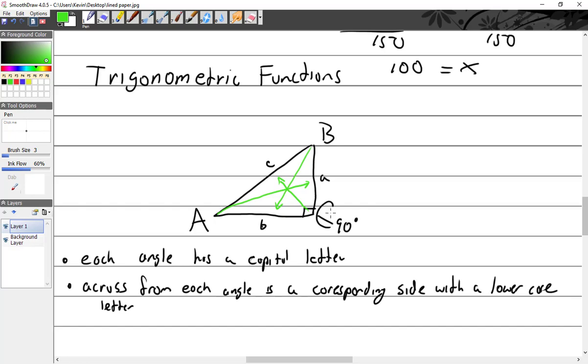And we know that this little corner is 90 degrees. That means we have 2 angles left, and those 2 angles added together would equal 90. We don't know what they are. If A and B were equal, then they would each be 45.